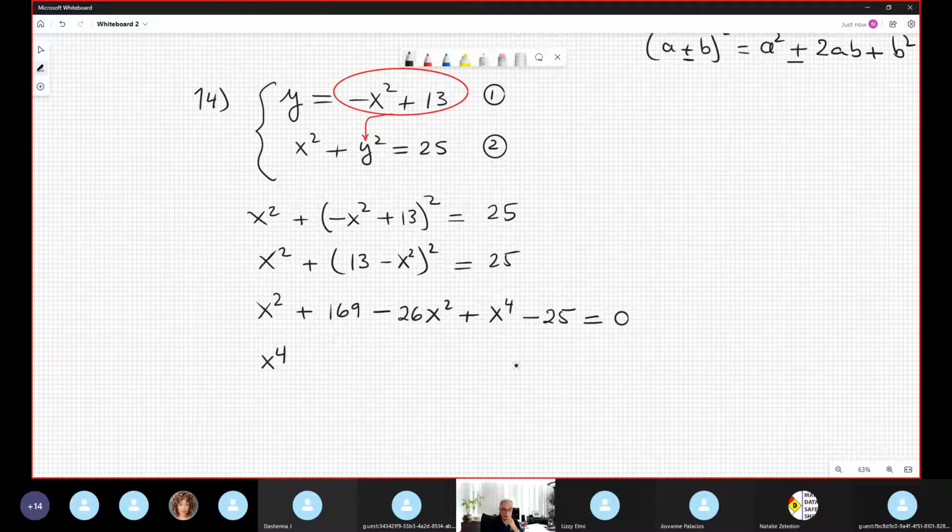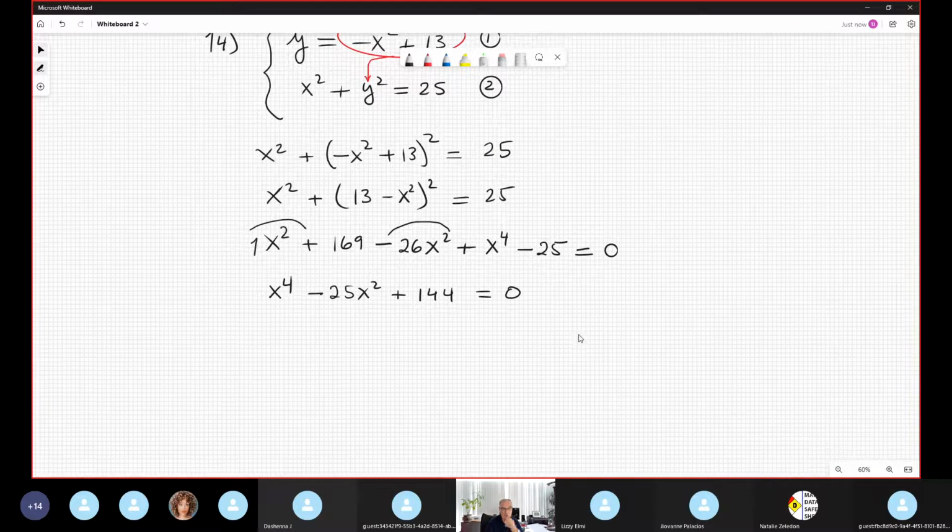We combine like terms, negative 26 and positive 1. This is 1, invisible. It's negative 25 x squared, plus 169 minus 25, 144, equal to 0. Okay, nice. I feel more comfortable with this equation. This equation is a typical quadratic form.